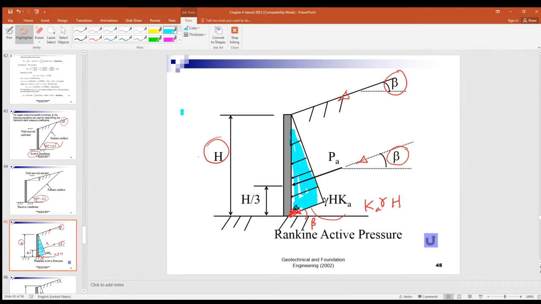The centroid is at 1/3 about the base, about the bottom. Okay, so there's nothing new, right? Except that we have learned that the direction of the force and the pressure will be parallel to the sloping surface.